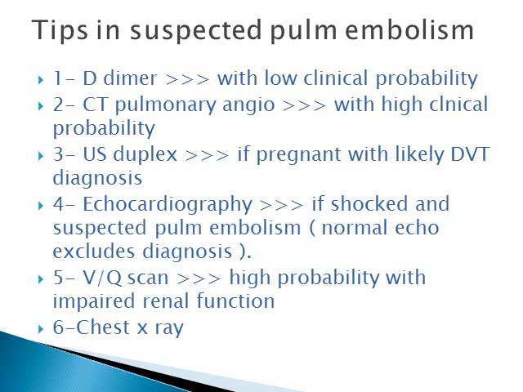Usually echocardiography is the first investigation if a patient presents with shock and a picture suggestive of pulmonary embolism. In this case, echocardiography is the best test to exclude, and not to prove, the diagnosis. So a negative echocardiography will exclude pulmonary embolism as the cause of shock.